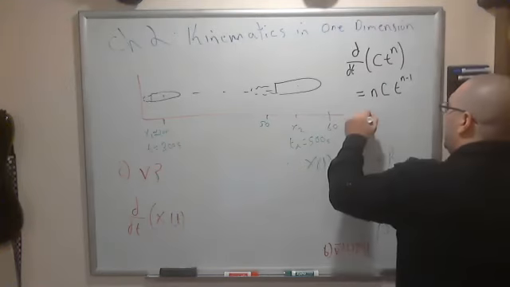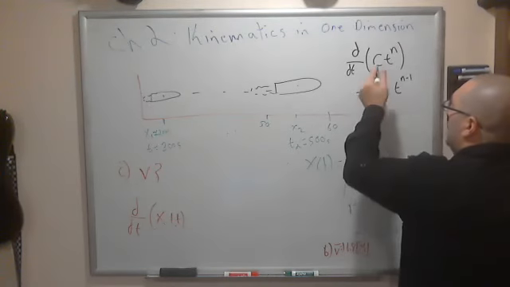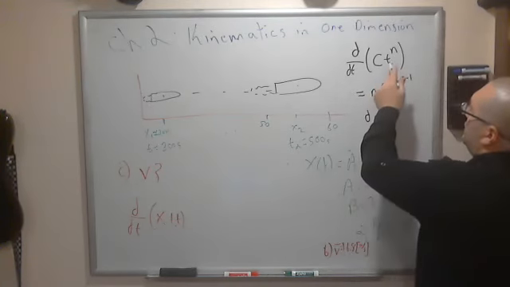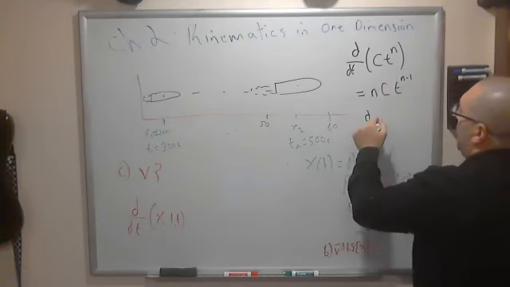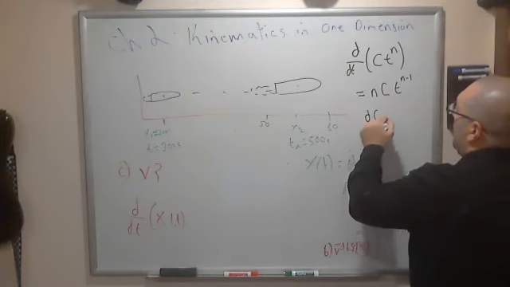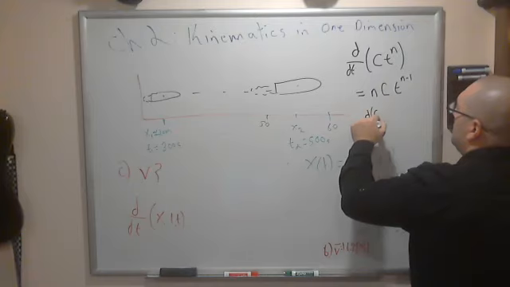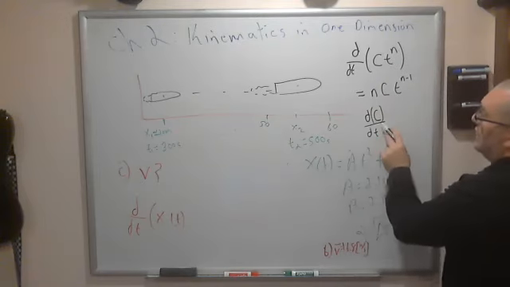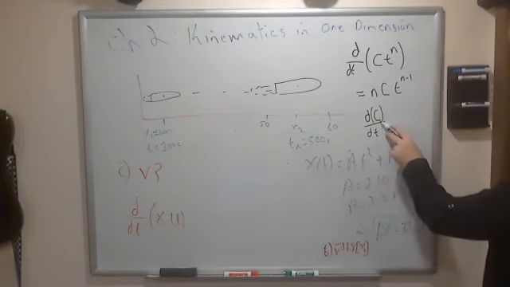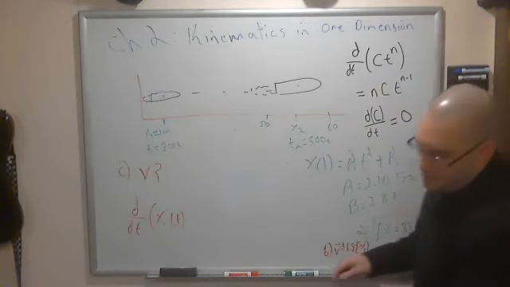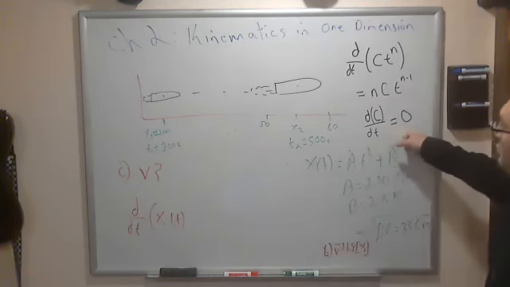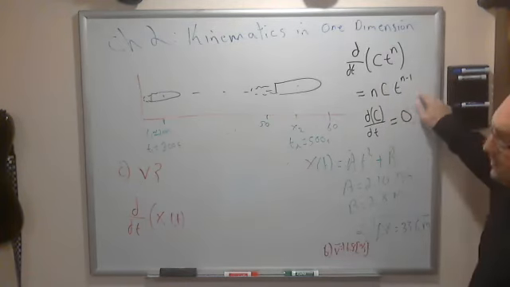It should be noted that if you follow this to the last step, where n is 0, we get this, where we're just taking the derivative of C, and this is equal to 0. So the derivative of a constant is 0.